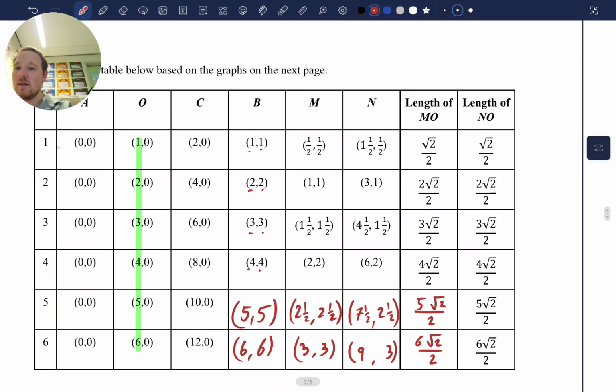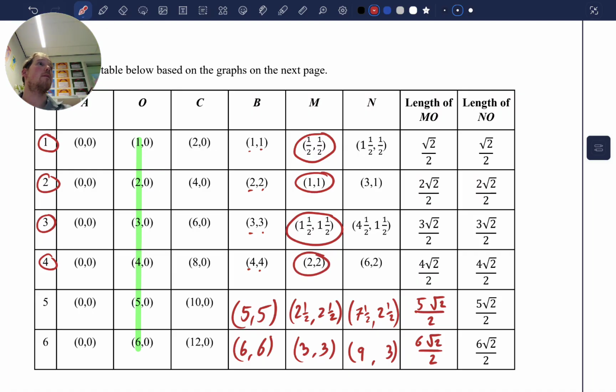How does the n value relate to there? How does this n value relate to there? How does this n value relate to there? Shreyas? Like both coordinates are like half of n. Yeah, very good. They're both half of this n value. A 2 becomes a 1.